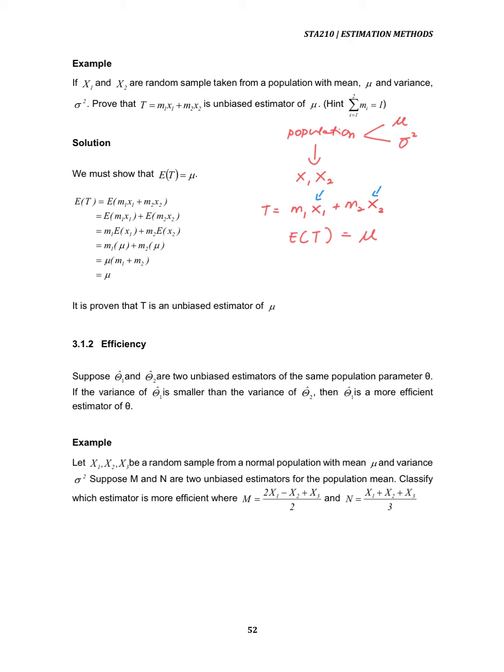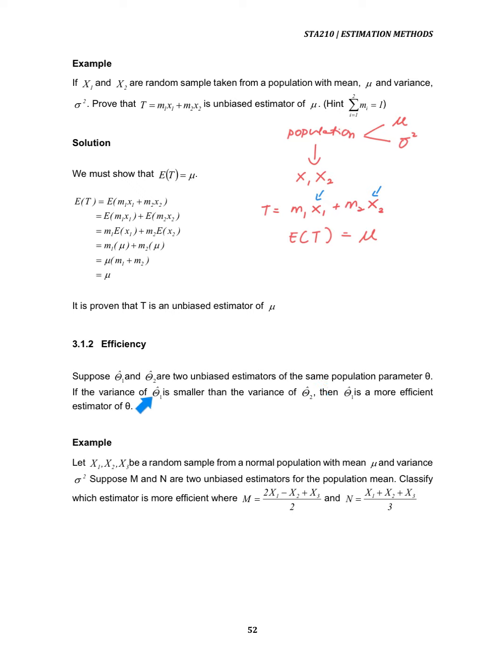Okay. Yang kedua, kita ada berkenaan efficiency. Okay. So how to measure efficiency? Efficiency kita akan tengok in term of variance. So biasanya kalau kita ada dua benda lah. Okay, so suppose theta hat 1 and theta hat 2 are two unbiased estimator of the same population parameter theta.